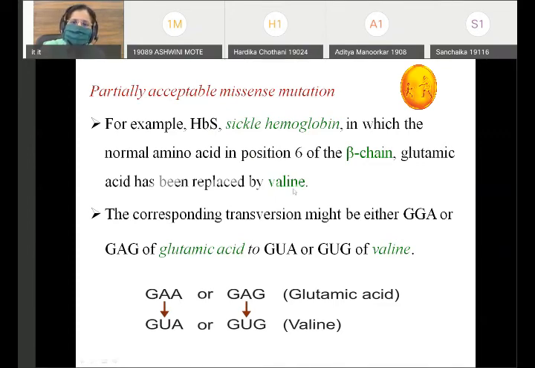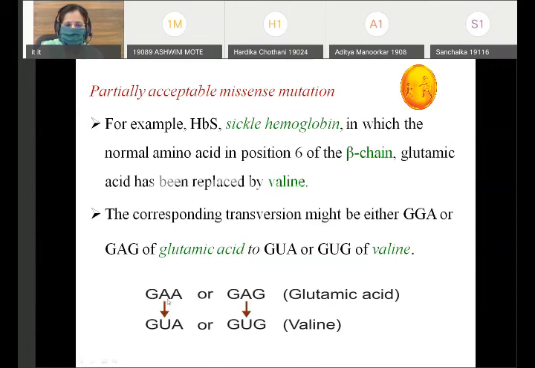So the solubility of hemoglobin is affected, and the oxygen carrying capacity of hemoglobin is also affected, but it does not end the life of the patient immediately. That's why it is called a partially acceptable missense mutation. You can see over here, glutamic acid is replaced by valine.